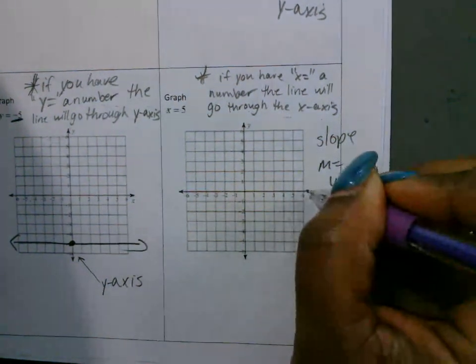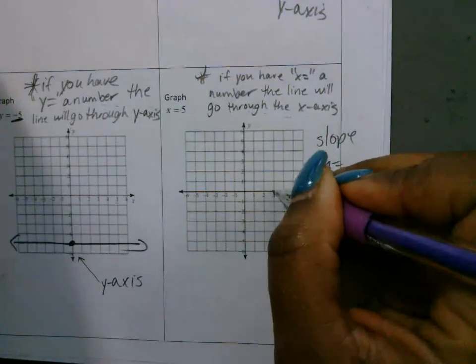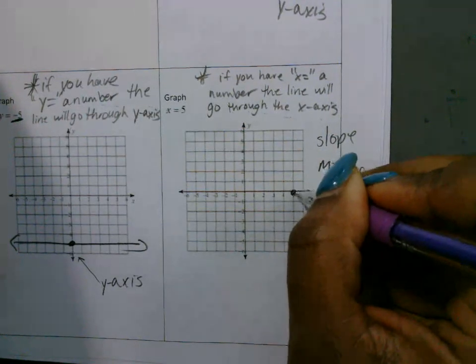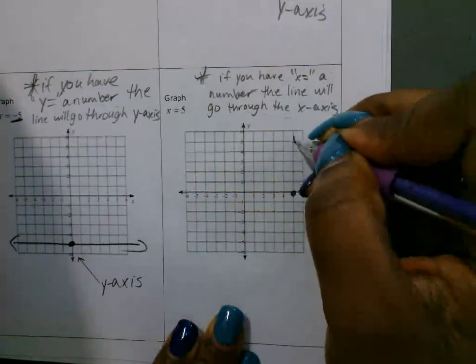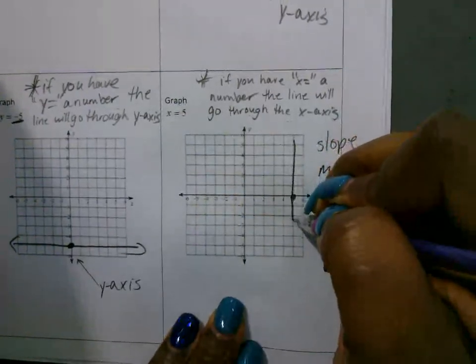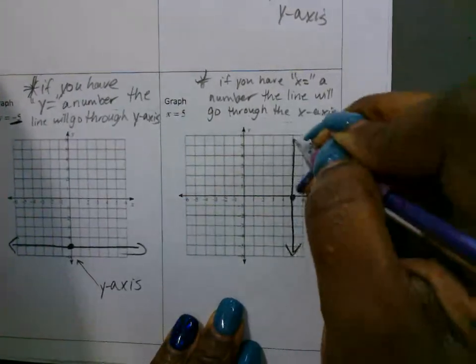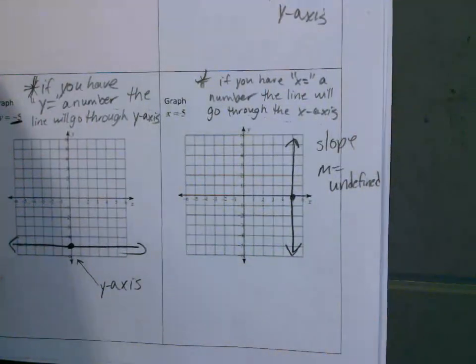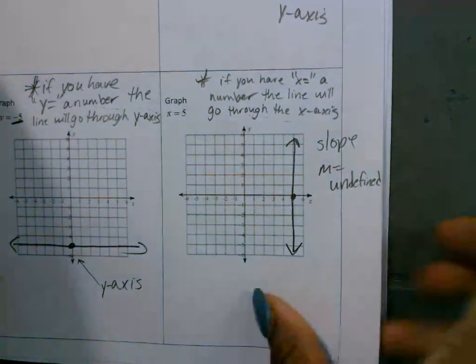Positive 5 is 1, 2, 3, 4. This is positive 5 on the x-axis. It's going to go through the x-axis. So this is how you graph x is equal to a positive 5. The slope of that line is undefined. I'm going to pause for the calls. All right, let's put this in our folder on the work to do side.